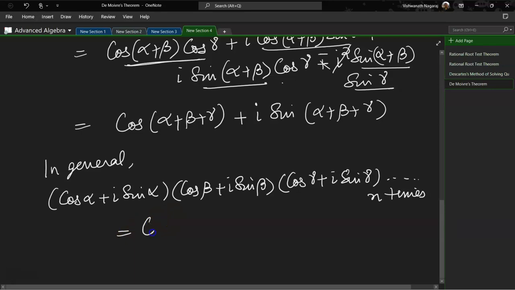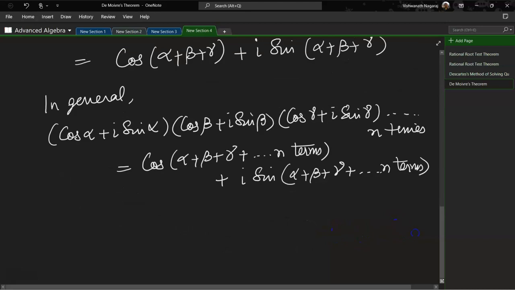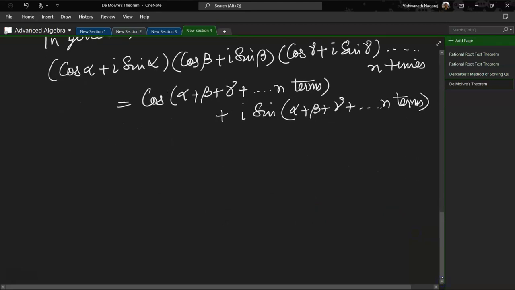It will become cos of alpha plus beta plus gamma plus dot dot dot n terms, plus i sin, and again alpha plus beta plus gamma plus n terms. We have understood this part.